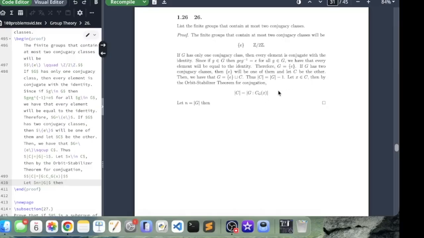If we solve for the order of the centralizer of x, we get the fraction n over n minus 1.